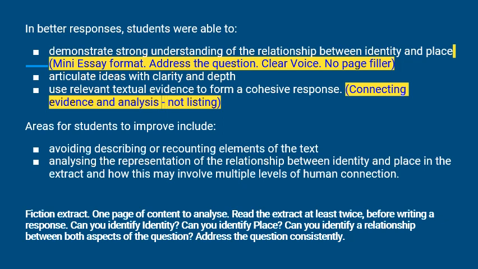And again, address that question consistently, not just topping and tailing at the start or the end of a paragraph. Remember, in the first example I highlighted to you, there were 8 references to the question. Slight overkill, but it was still an excellent response.